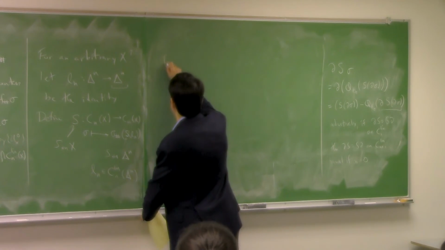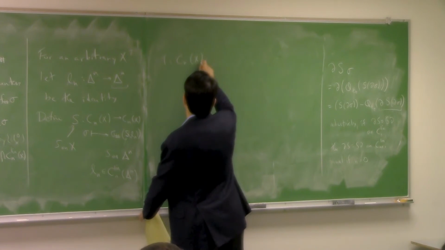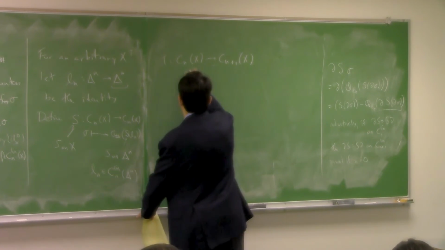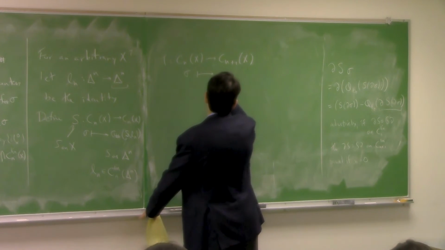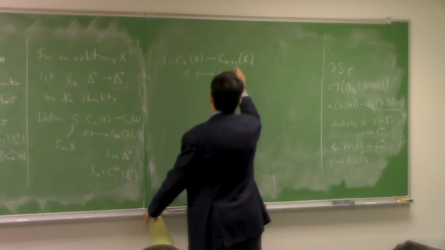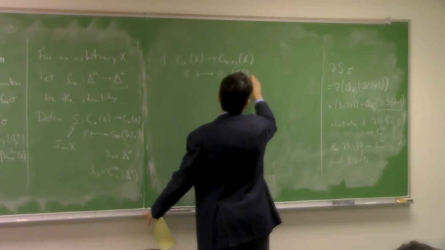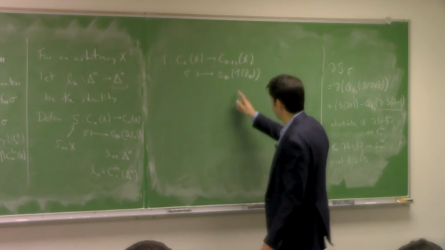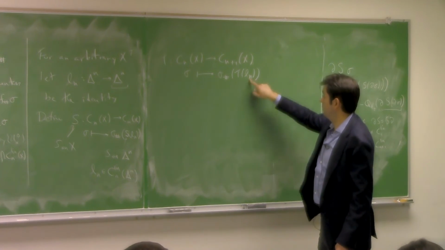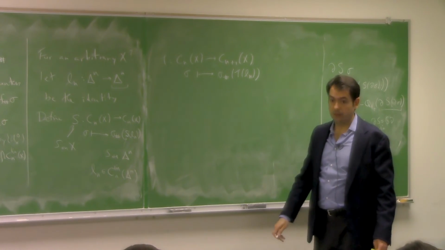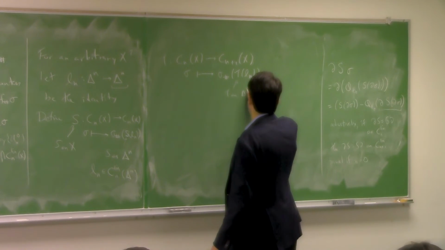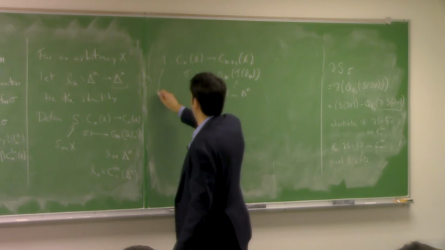Similarly, T from C_n X to C_{n+1} X takes a chain to the push forward under sigma of T of L_n, where this is the T on delta n, and we get a T on X.